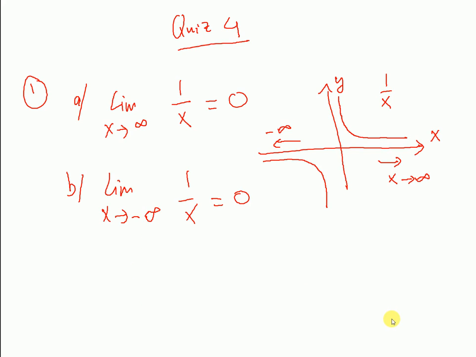Okay, let's go to part C. Part C, limit when x goes to infinity of 3x squared minus x minus 2 over 5x squared plus 4x plus 1.